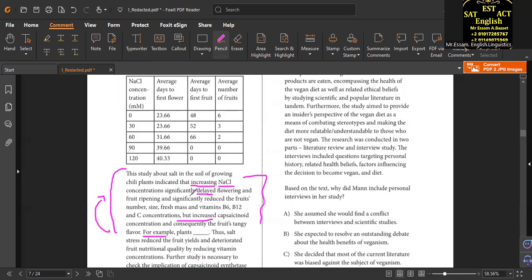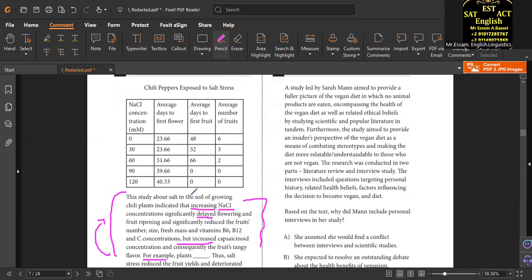Now let's find it. What is 19M? Here, concentration. So we'll find here, find there. So extra or not. And average days to first flower. Average days to first fruit.